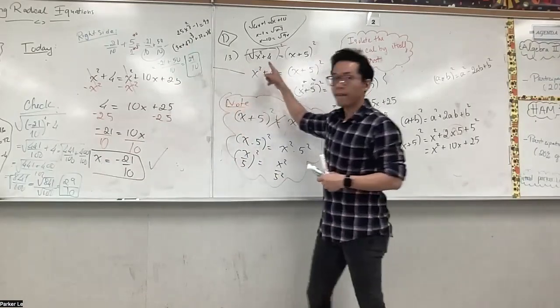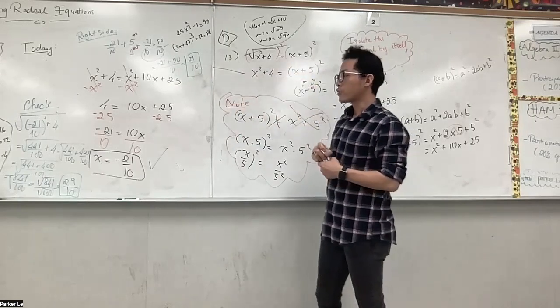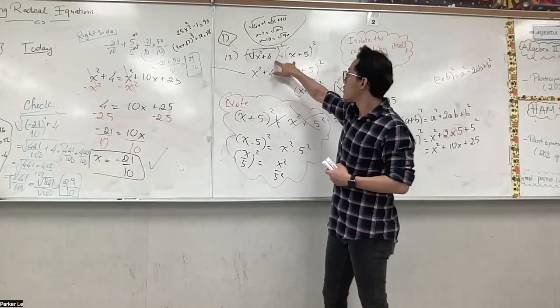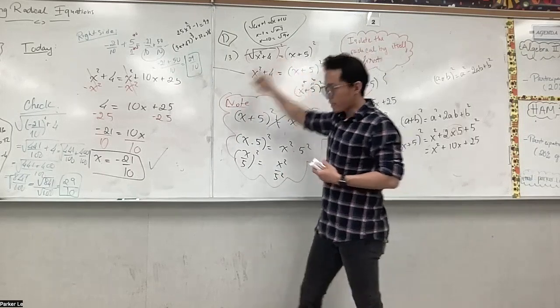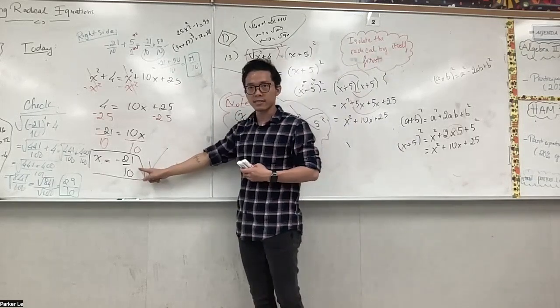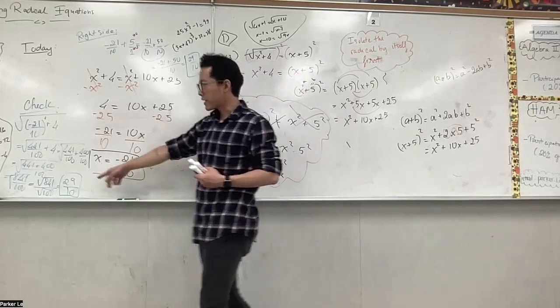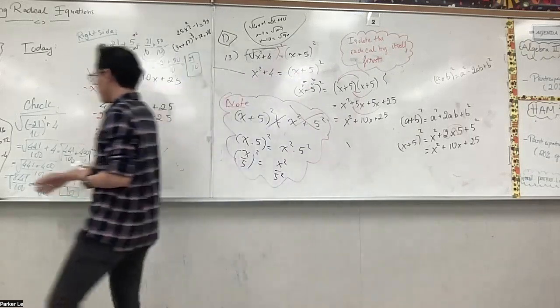Does 29/10 have to do with that? No, 29/10 is just for you to check. Both of them need to get 29/10. But your answer is this. Your solution is negative 21/10. 29/10 is the value we have when we're checking.